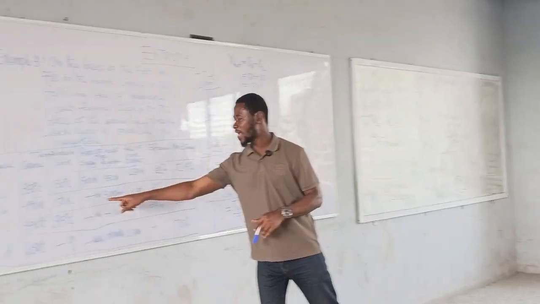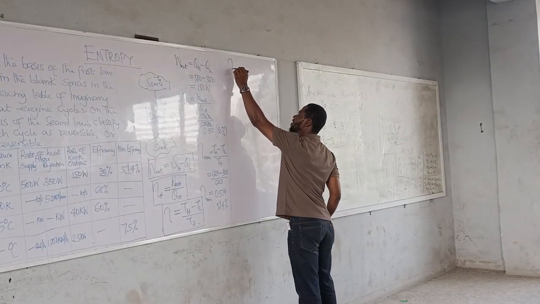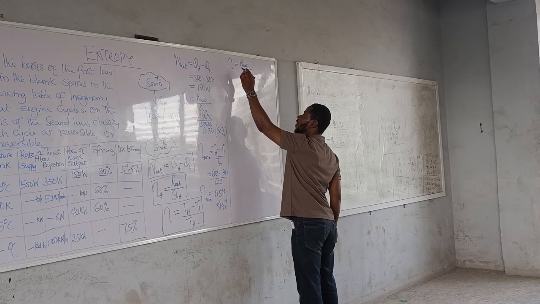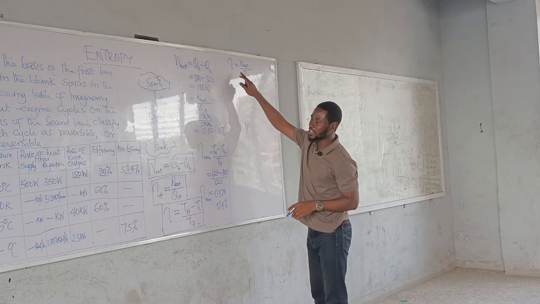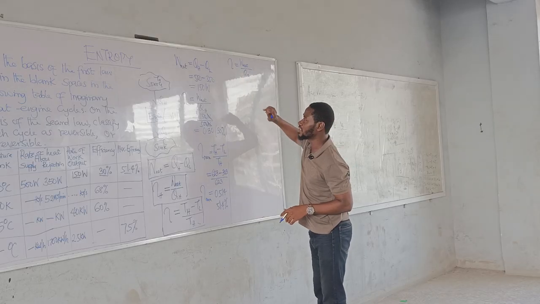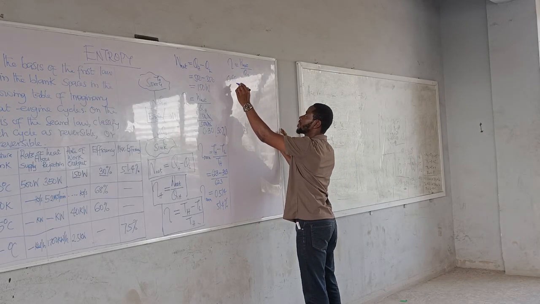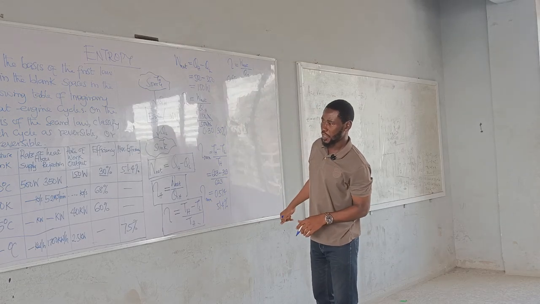How do we get this value? So we go back to the normal efficiency, which is the net work output divided by the heat supplied to the system. We are given the efficiency to be 68, which is 0.68, multiplied by QH.